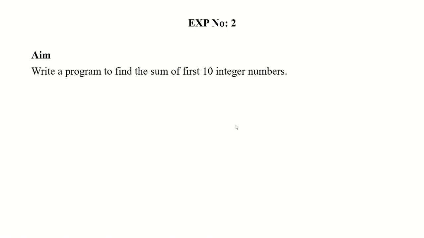What is the concept? There is nothing very complex; we only have to load one number, that is the highest number we have. They told us first 10, so the last number is 10. Store that in one register and keep on decreasing it and add it with the previous number. Like, 10 is the number, store it in one register and also in another register.